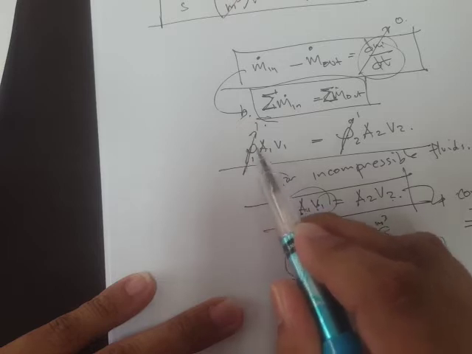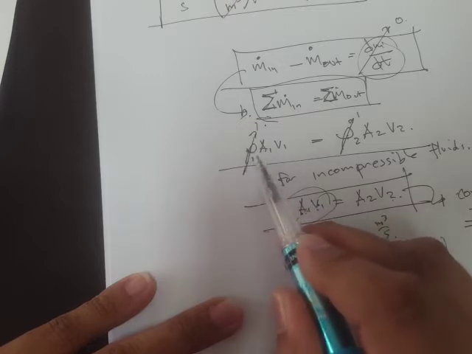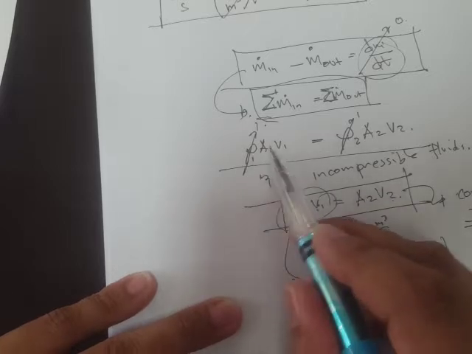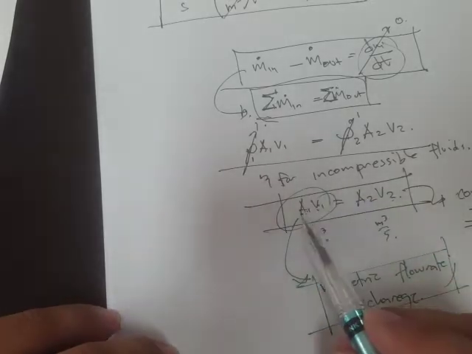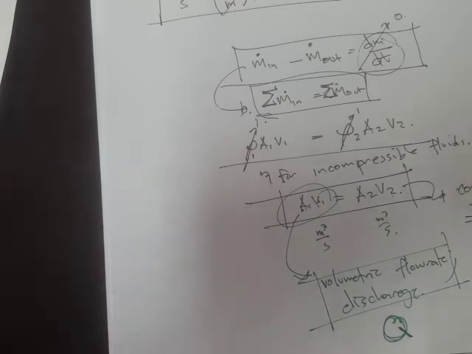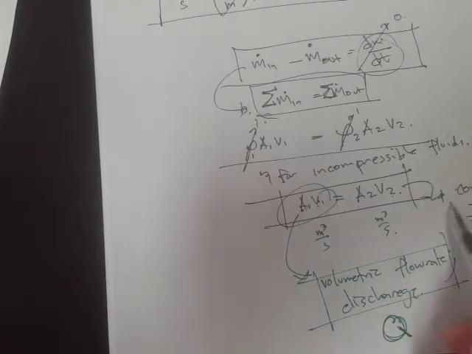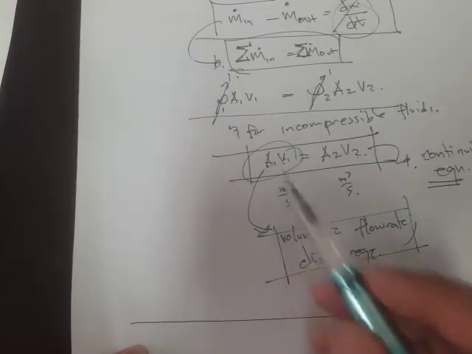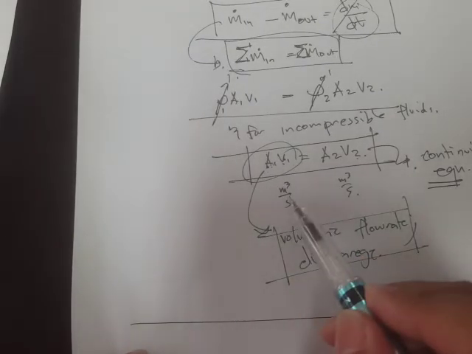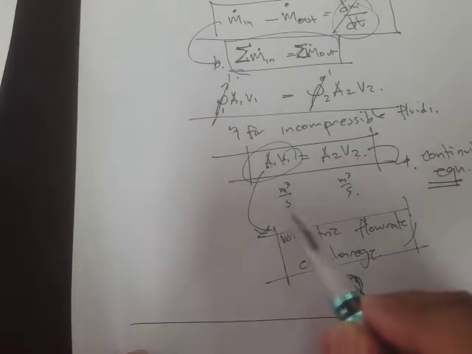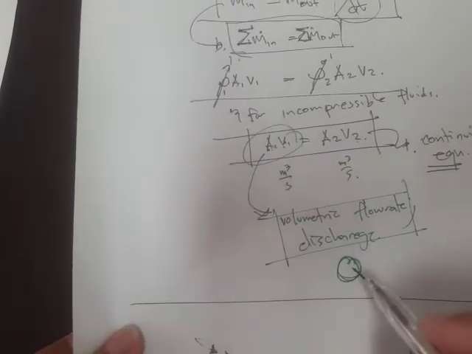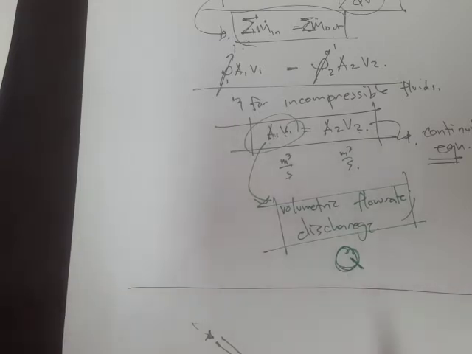We neglected the density because, if we consider incompressible fluids, the density doesn't change. That's why we have A1 V1 equal to A2 V2, which is referred to as the continuity equation. If we check the units of A1 V1, that's m cubed per s. That's the volumetric flow rate, also referred to as the discharge. The symbol is big letter Q.